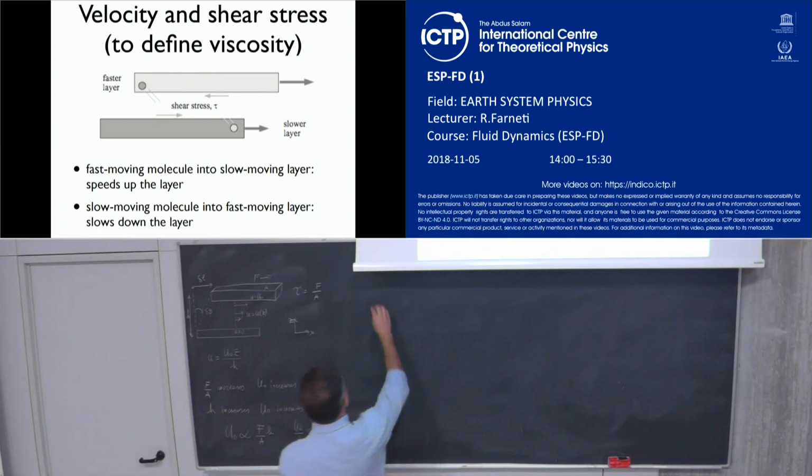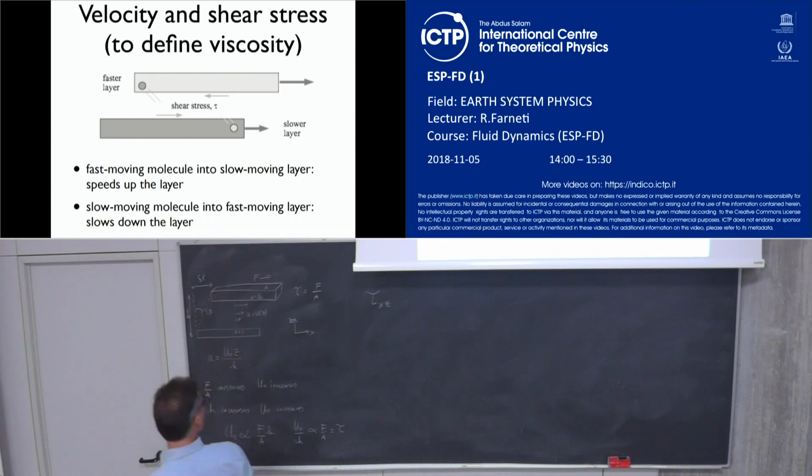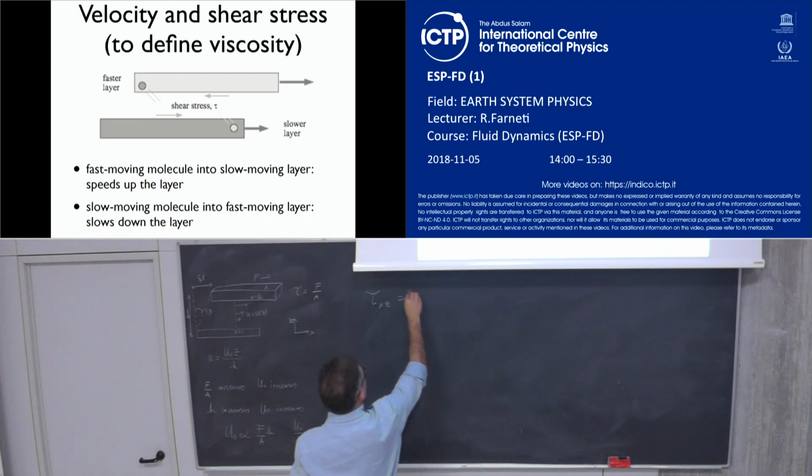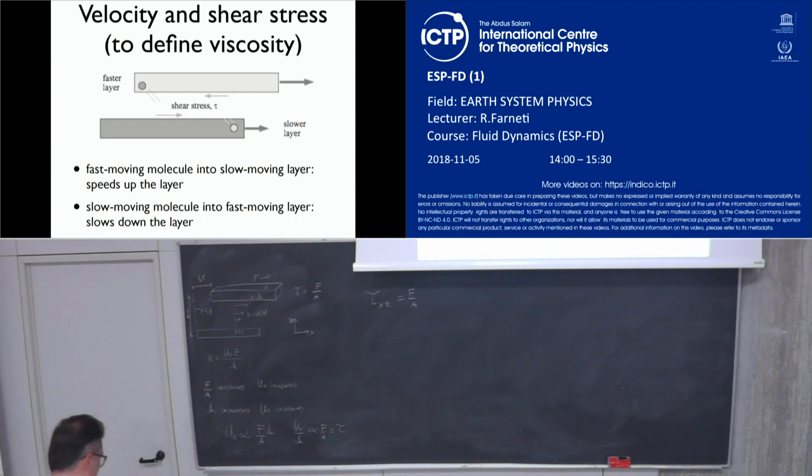Now we can define our shear stress, and we're going to start using notation. So the shear stress acting on the x, z plane, which is equal to F over A, my force per unit area.